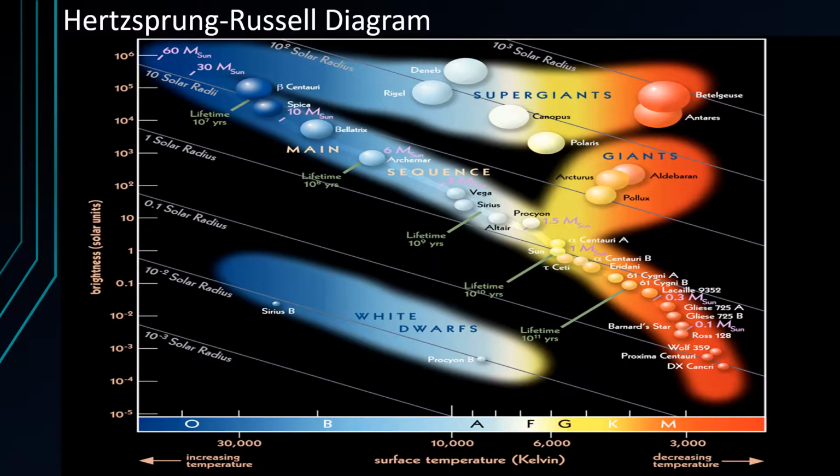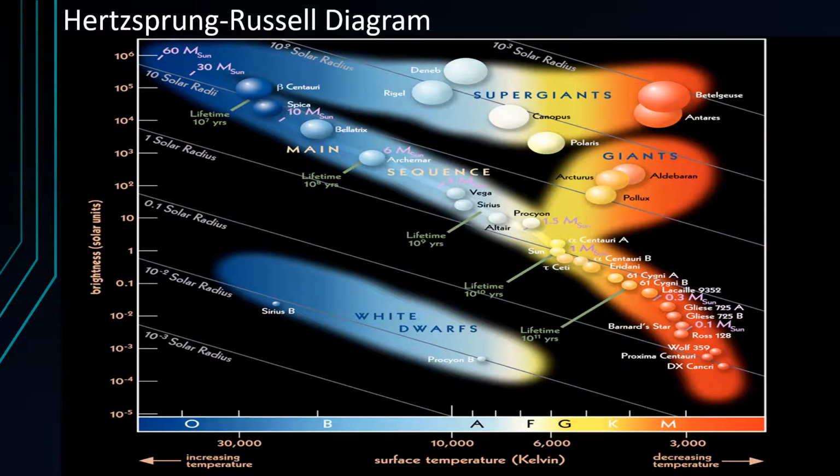So there's quite a lot of things that we can learn from an HR diagram just by looking at it. First of all, we can tell an object's brightness and its surface temperature.